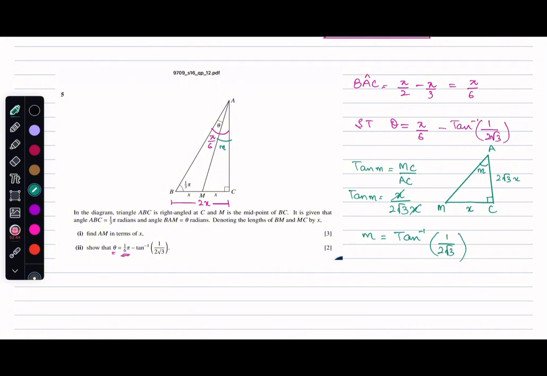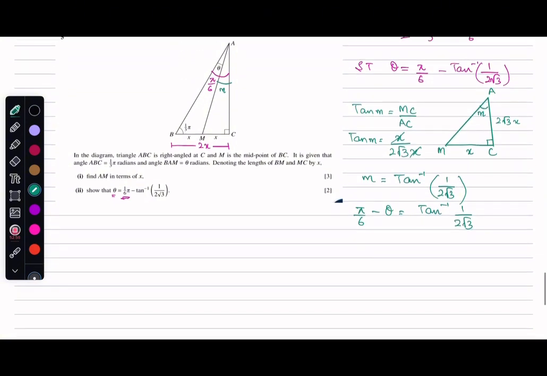Now another thing that I know about m is that this is basically pi by 6 minus theta, and this then equals tan inverse 1 over 2 square root of 3, and we have to show the theta value. Therefore, the theta is taken on the other side, with the positive sign here.